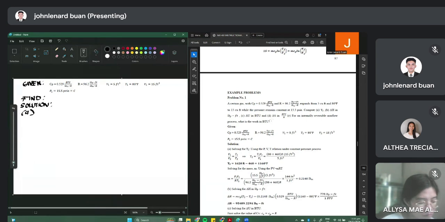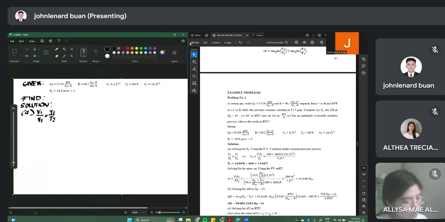Again, since this is an isobaric process, we're going to use equation V1 over V2 is equal to T1 over T2. You can also use V1 over T1 is equal to V2 over T2. You can also use that equation po.